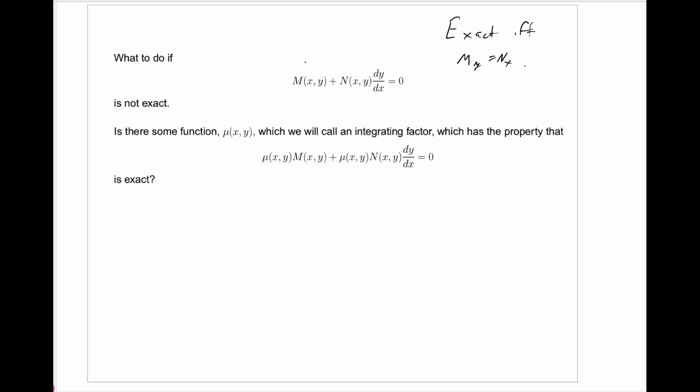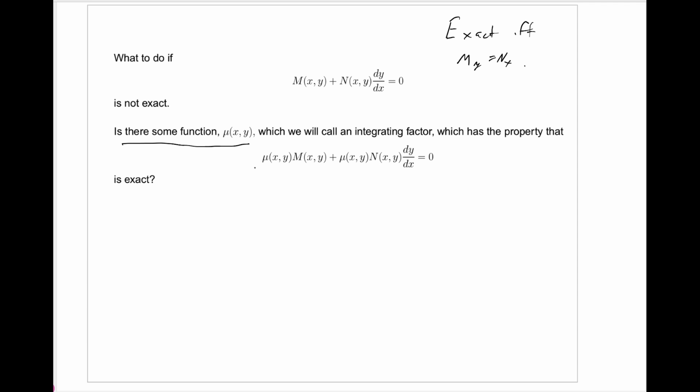Well, if that's not the case, maybe we can ask, is there some function, mu of x, y, which we'll call our integrating factor, which has the property that when we multiply it through on both sides of the equation, but of course the right side is already 0, this is now exact.